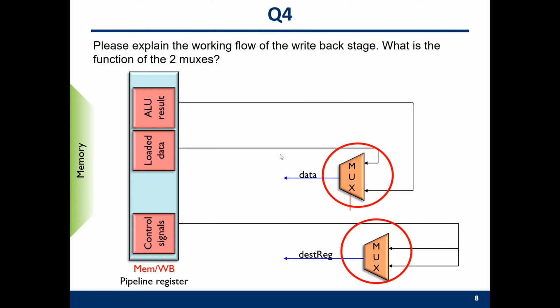And the second mask here handles the two destination registers.